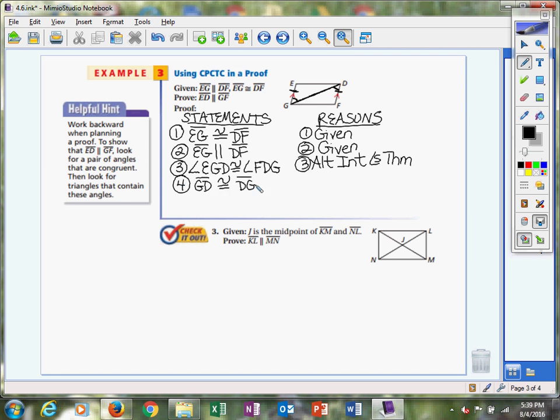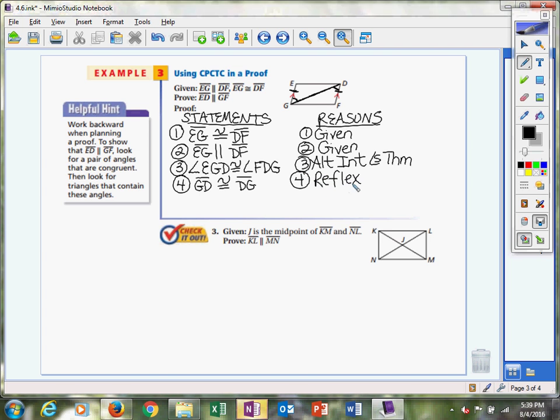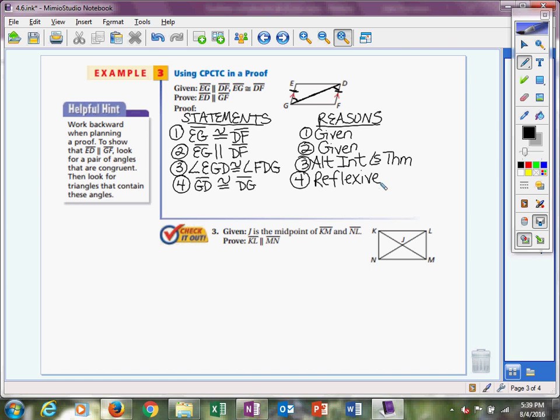Why can you say a segment is equal to itself? Because of the reflexive property. Good job. Good plan. So if that's what you were thinking all along, that's perfect. So now we can prove that the two triangles are congruent.